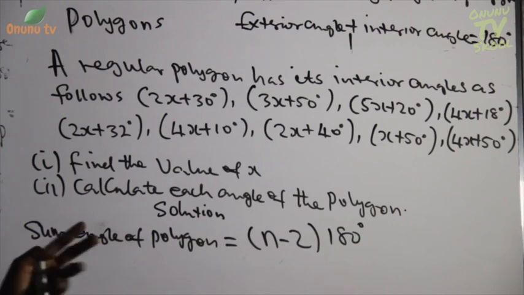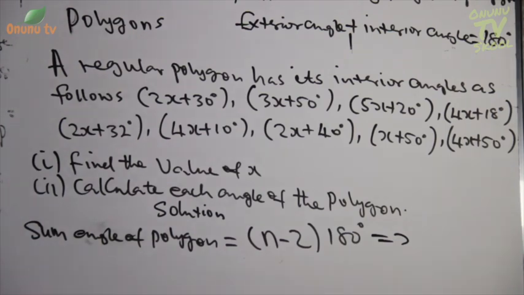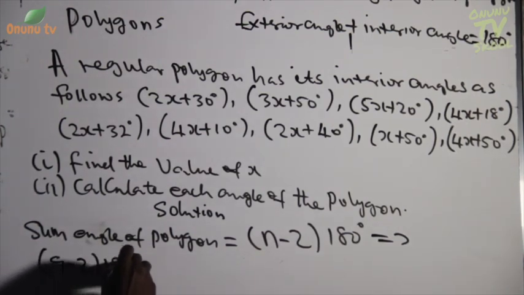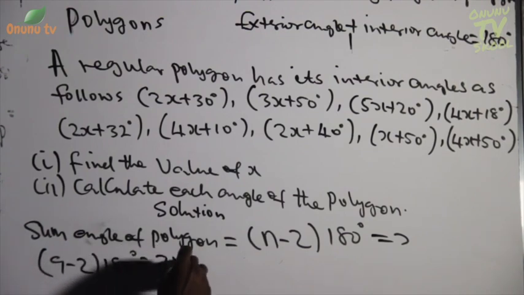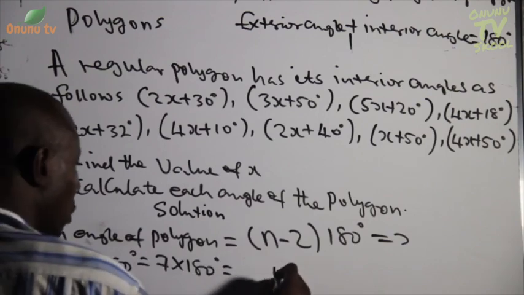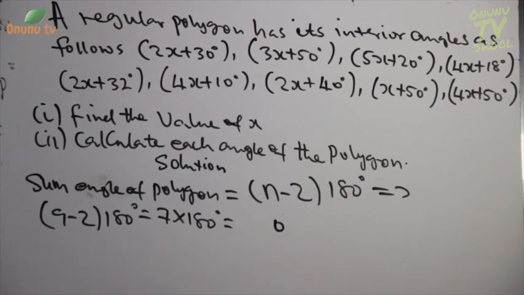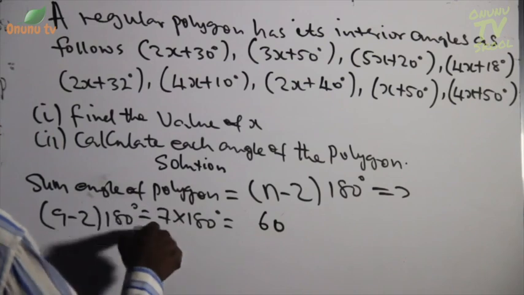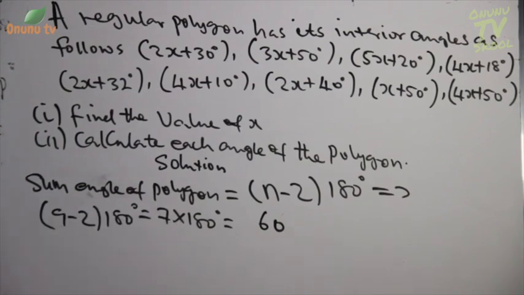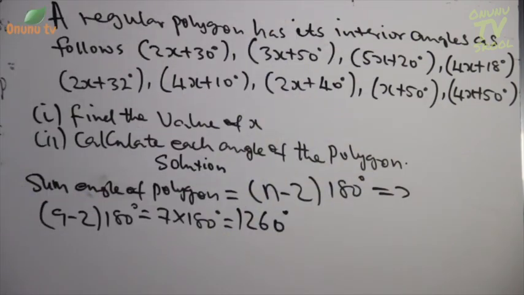Now, since it is a nonagon, which means 9 sides, this implies that we have (9 minus 2) times 180 degrees, and that is 7 times 180 degrees. 0 times 7 is 0. 8 times 7 is 56, you write 6, carry 5. 1 times 7 is 7, plus 5 is 12. So we have 1,260 degrees. That is the total angle of the polygon.